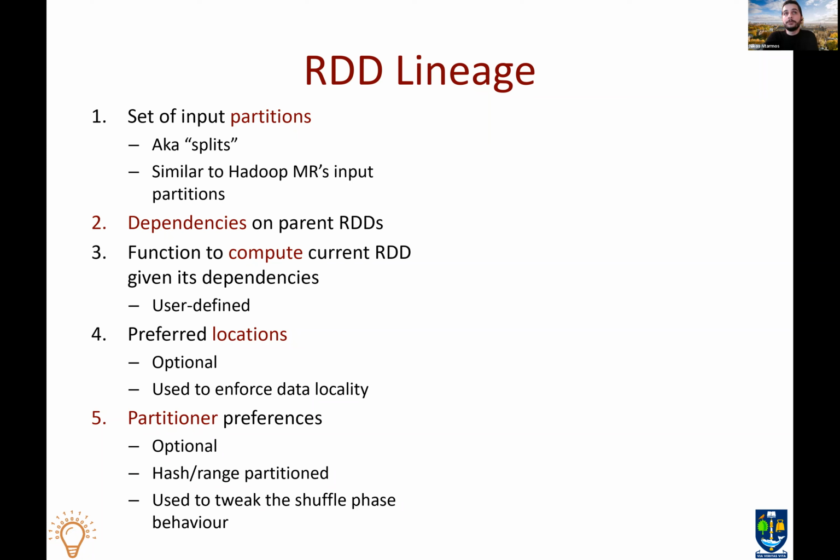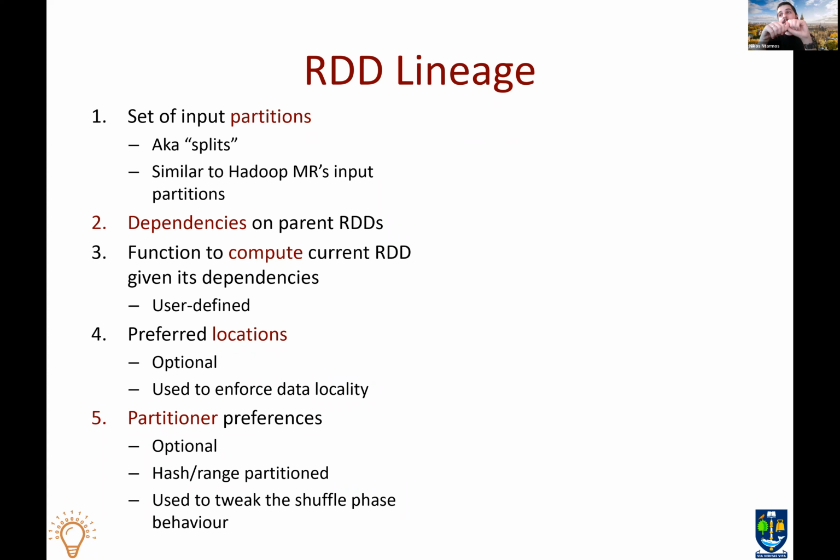We also need to record dependencies on parent RDDs. So we say that we have an RDD, it has a split, and this split depends on such and such splits of its parent RDDs, okay? If we read stuff directly from HDFS, we don't necessarily have dependencies because there is no parent RDD.